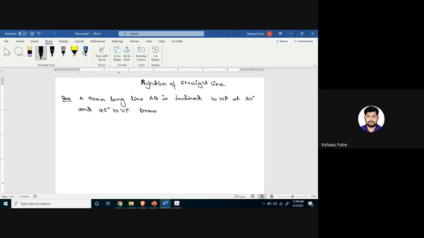Draw its projection if point A is 10 mm above HP and 20 mm in front of VP. Okay, so this question is there with me.